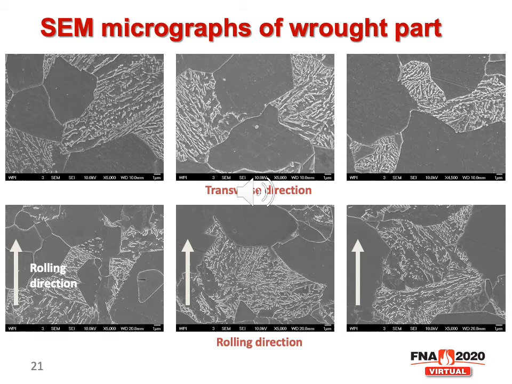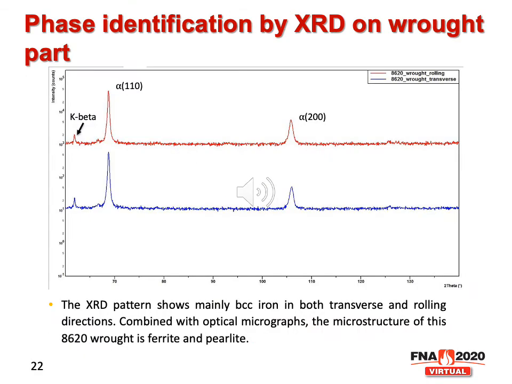Using SEM, we can get micrographs with higher magnification. So with the high magnification micrographs, we can see the pearlite in the wrought part. The XRD analysis was conducted on the wrought part on both rolling and transverse directions for the phase identification. You can see the XRD pattern on the rolling direction is very similar to the pattern on the transverse direction. So basically, they are the same phases.